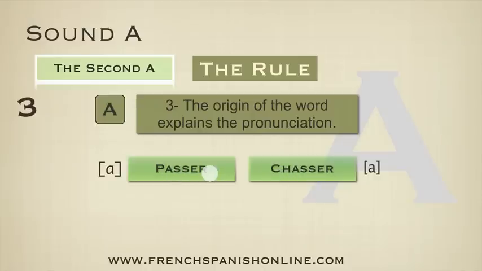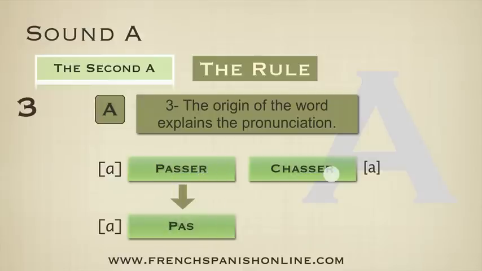Why? So here, if we refer to the origin of the word, we may understand the difference of pronunciation. Passer comes from the word pas, a step. And because the sound A is isolated at the end of the word, you know that now we say pas with this kind of A. And for this reason, we keep the pronunciation of the word to get the verb, and we say pas, passer.